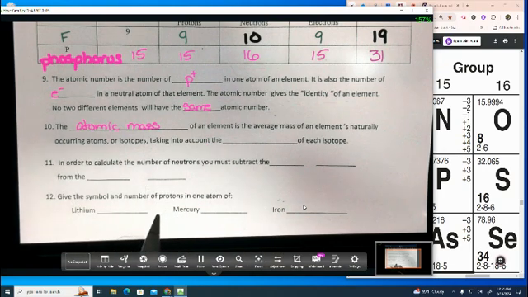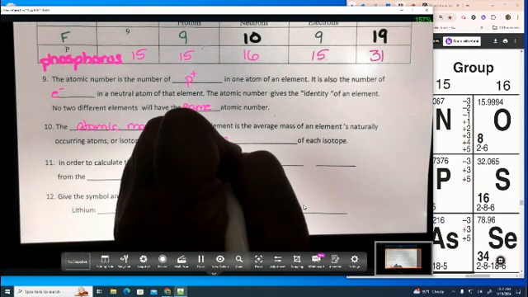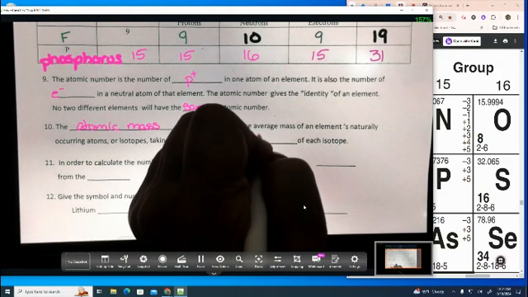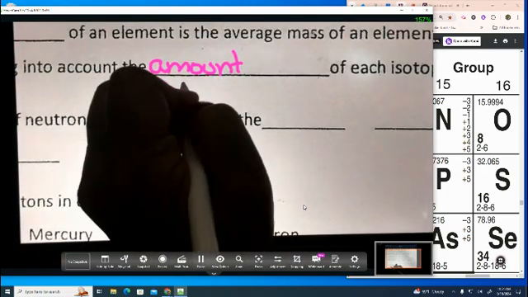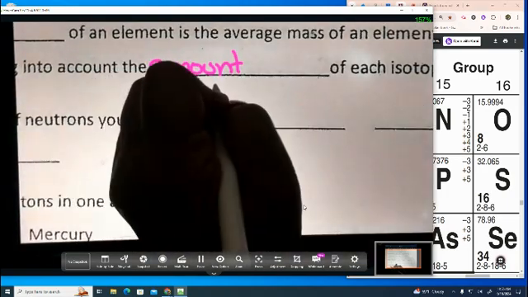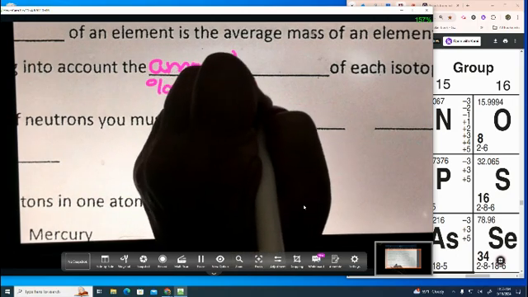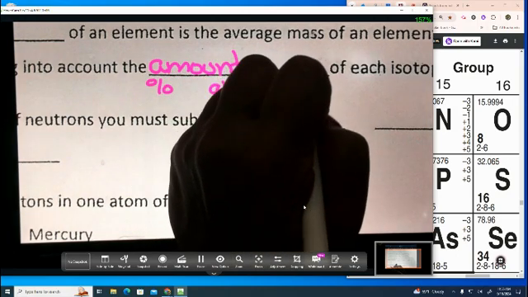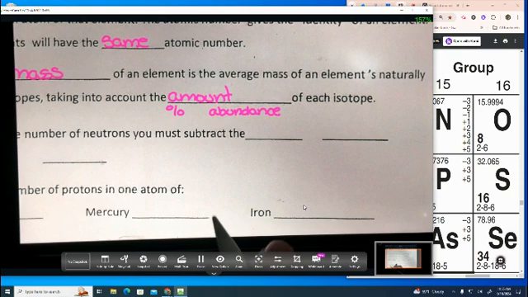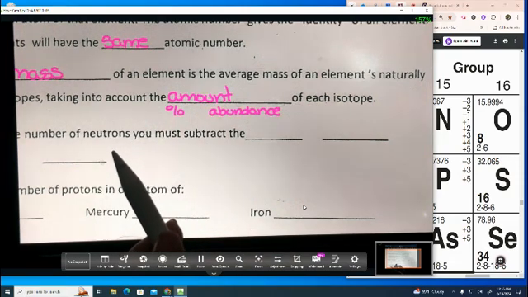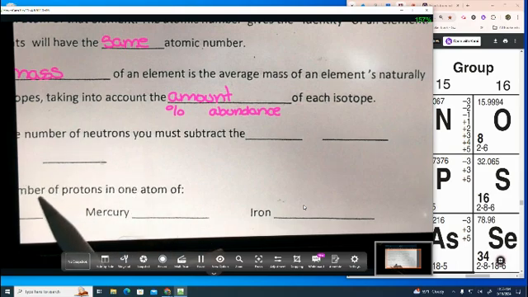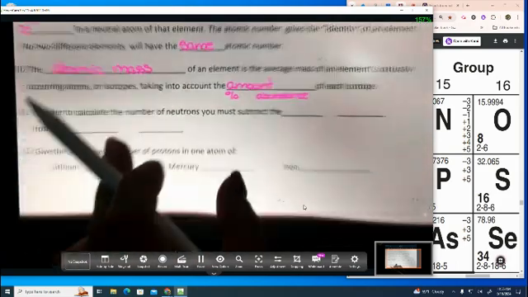Number. Nope. Amount. The amount of each isotope. It also takes into account the percent of each isotope or the abundance of each isotope. So they could say 50% of the time you have this and 50% of the time you have that. Find the average. That's where we're going.